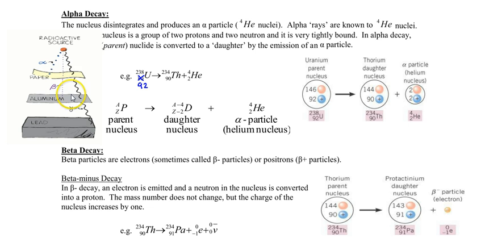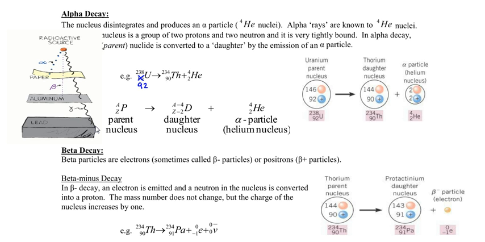Whereas beta particles can pass through the paper, but they can be stopped with, say, a sheet of aluminum. And then gamma rays are the most energetic of the radiations, and they're the hardest to stop. You need a couple centimeters of lead or a meter of concrete to stop gamma rays.